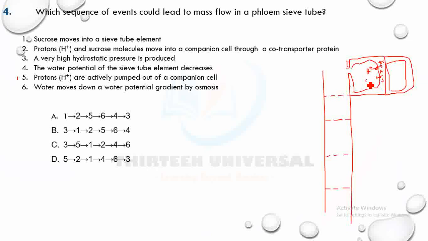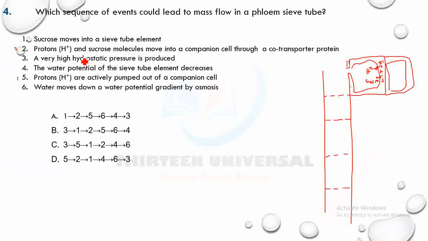Sucrose is moving against its concentration gradient, hydrogen ion is moving down its concentration gradient, but they move through a co-transporter. So let's check which one shows a co-transporter. Proton and sucrose move into the companion cell through a co-transporter. This is the second event that happens.